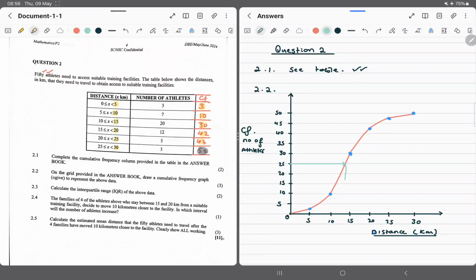Can you see this is just before 15, so this is perhaps 14, 13. So that is basically half of the data, so that's the median. That is Q2.